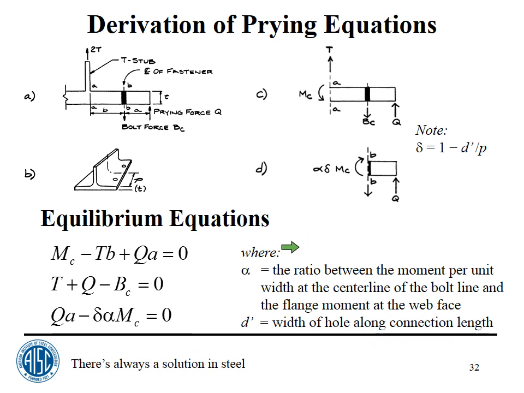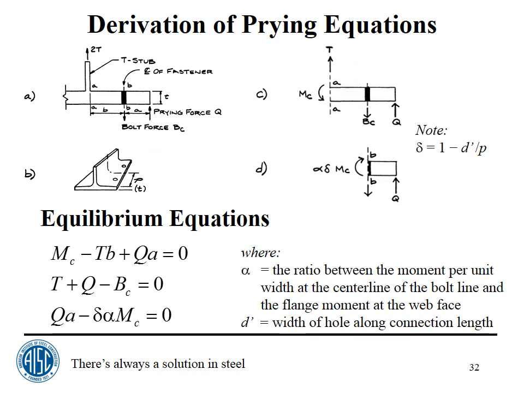So let's look at equilibrium. If I take this free body diagram C here, this first equation, the one right here with the green arrow, is basically moment equilibrium about section BB, right here.